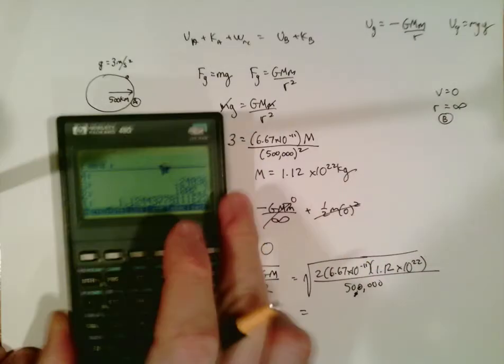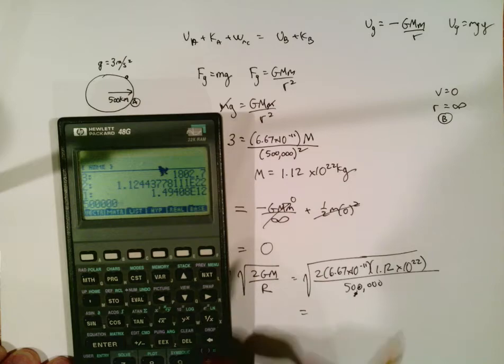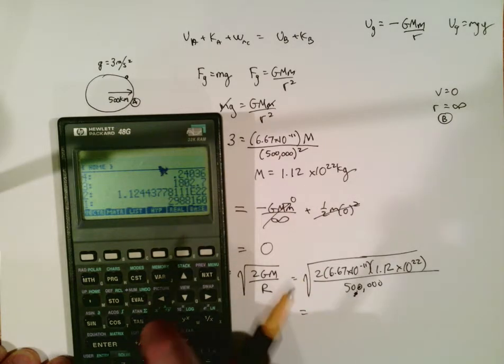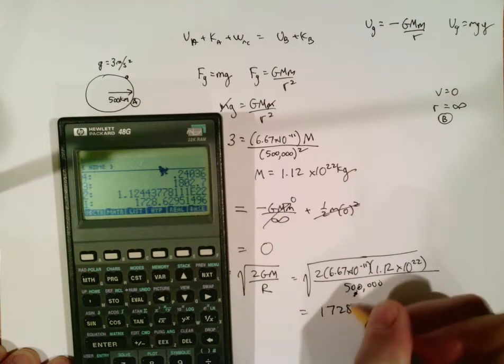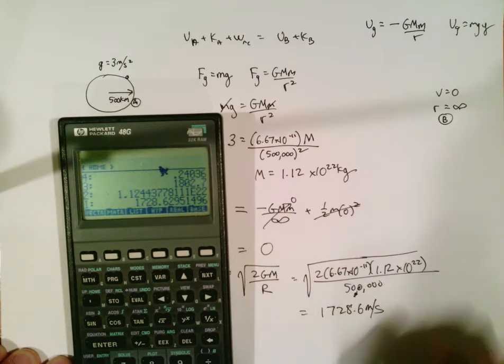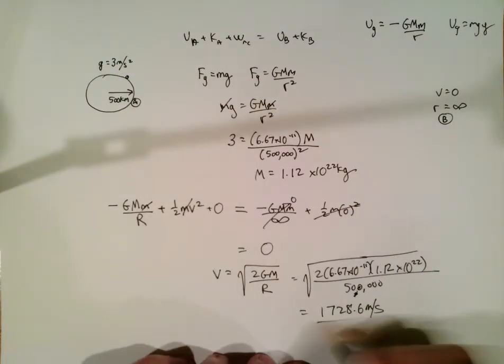So 6.67 times 10 to the negative 11 times 2 times 1.12 times 10 to the 22nd divided by 500,000, and I've got to take the square root at the end. And my answer is 1,728.6 meters per second. That's far less than the Earth's escape speed. I don't remember exactly what it is, but that's going to be a realistic answer.